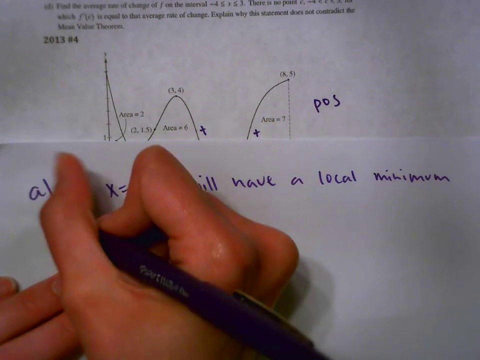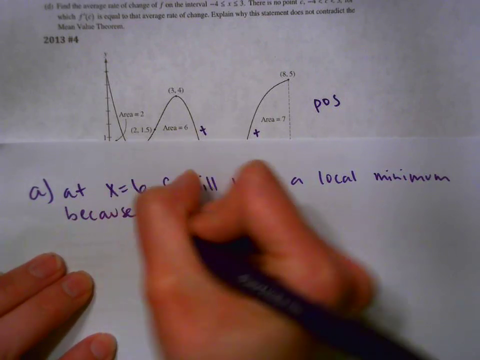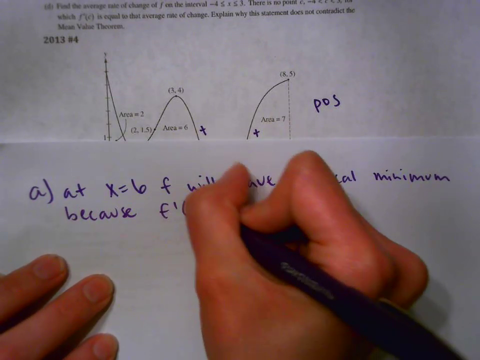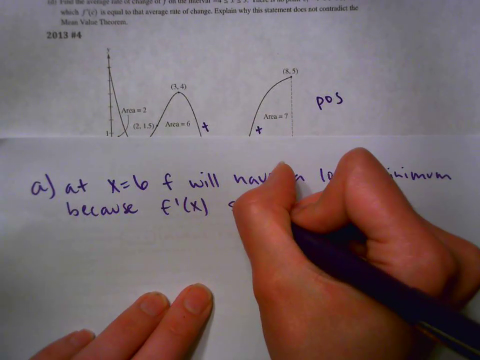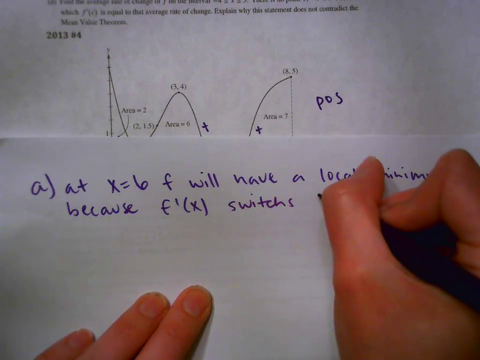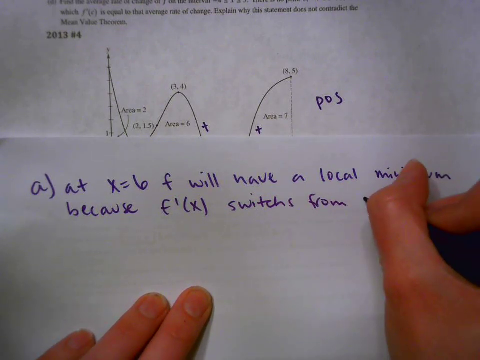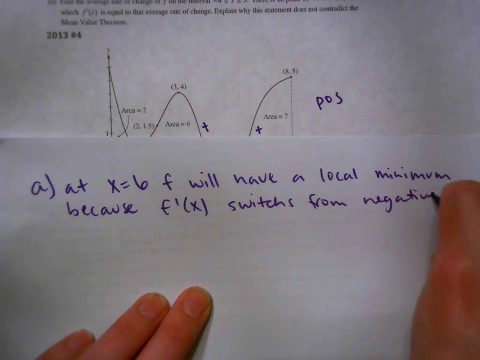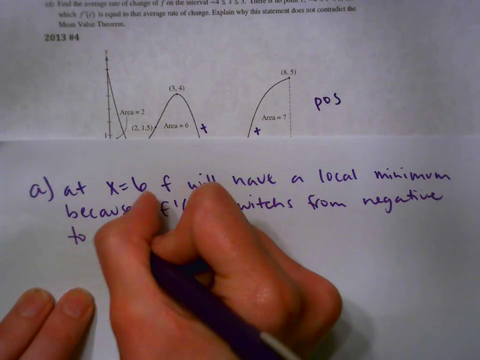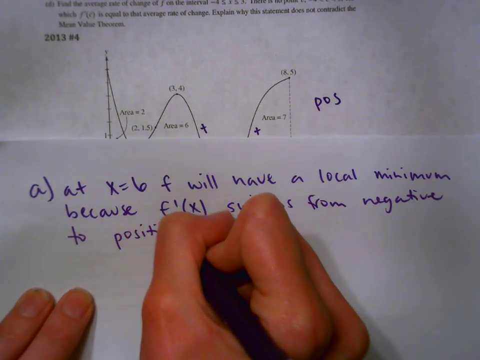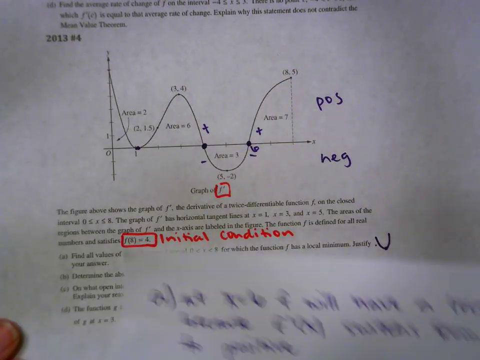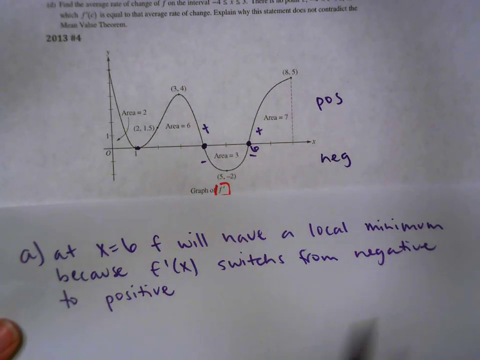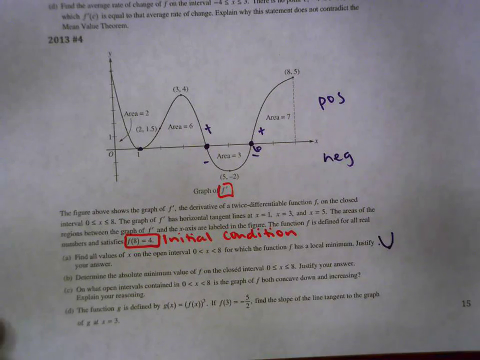Then you write out because f prime of x, notice I didn't say the graph, but f prime of x switches from negative to positive. That would suffice as justification if you wrote it out in words. Do not use a sign chart for justification on relative maximums.